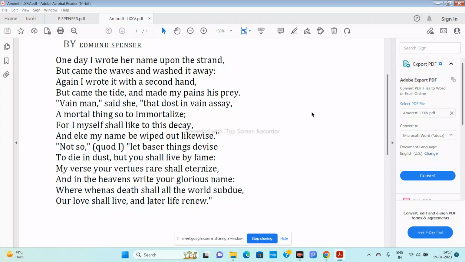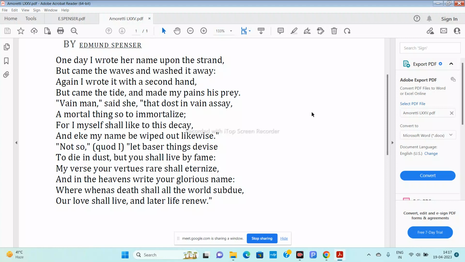So I wrote it for a second time. Second hand means for the second time. But this time also the same thing happened. The tide came up and it washed the name away and made my pains his prey.